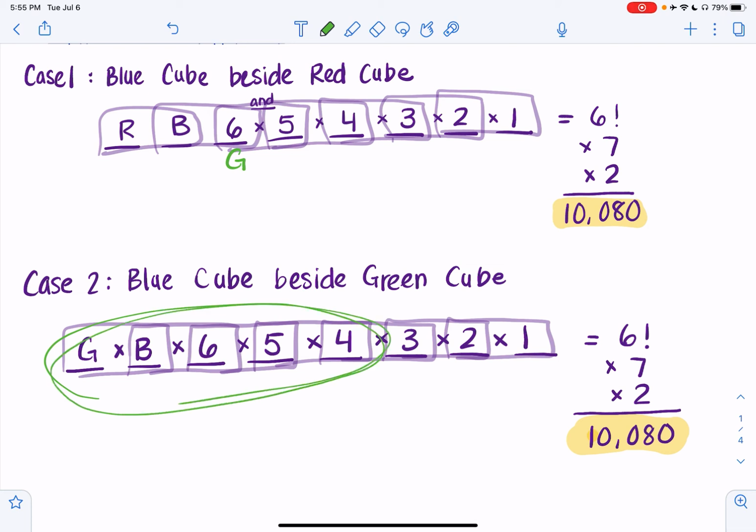Because that possibility can happen, it means I've counted that situation twice. I've accidentally counted when blue is in between red and green 2 times. I counted for that in case 1 and I counted for that in case 2. This is called double counting, and we need to be very careful not to double count.